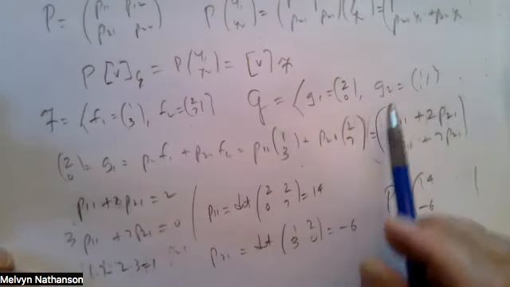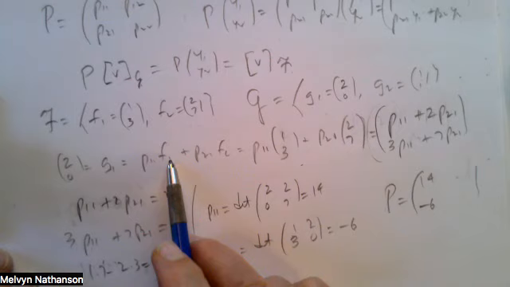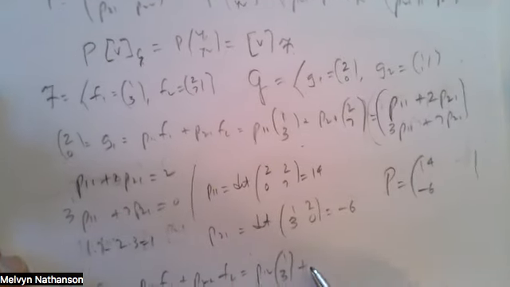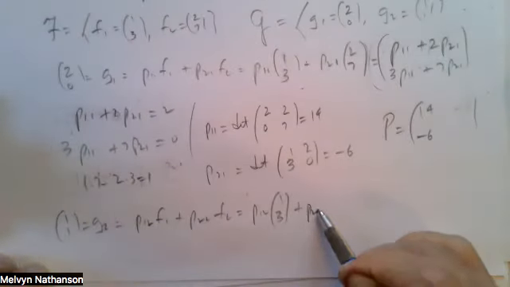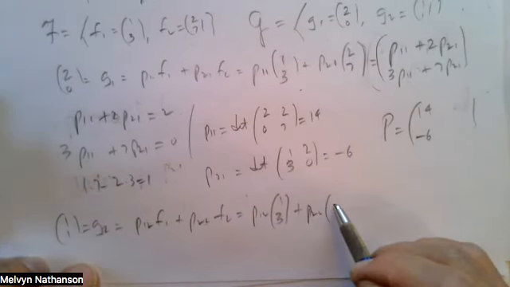Next, we want to write G2, which is the vector (1, 1), as a linear combination of F1 and F2. This will be P12 F1 plus P22 F2, that's P12 times (1, 3) plus P22 times (2, 7).